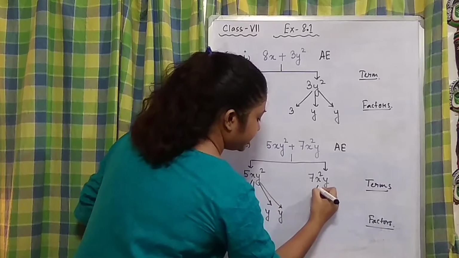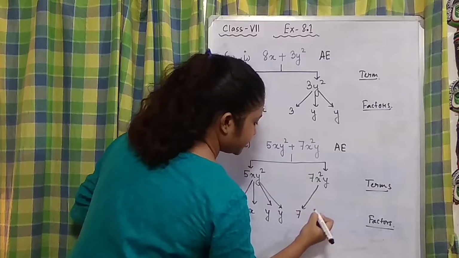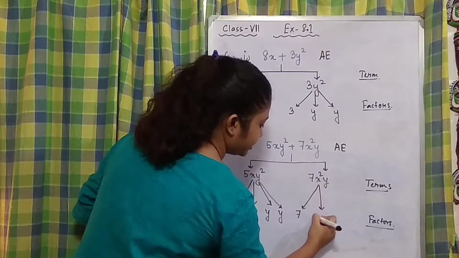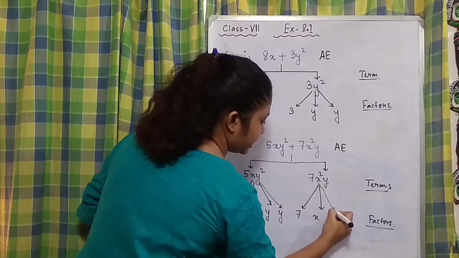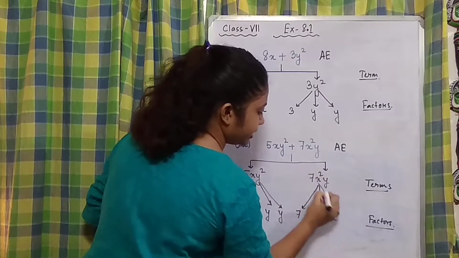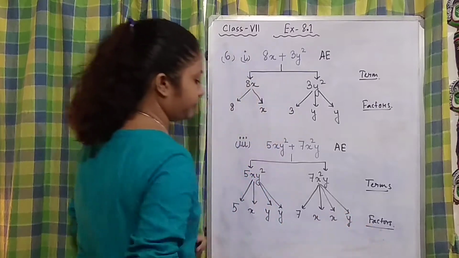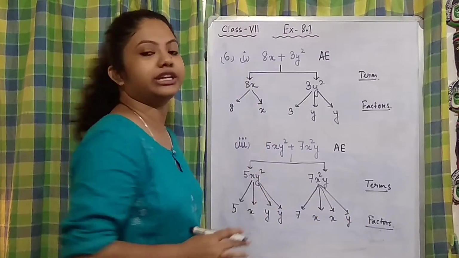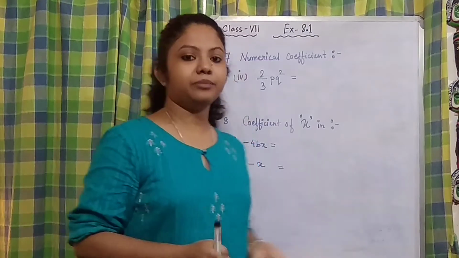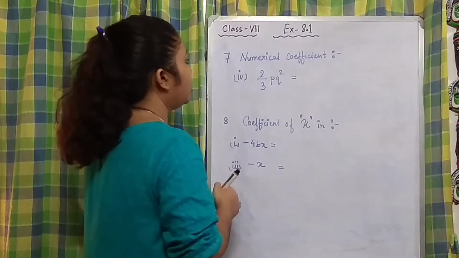Alright, similar thing here. First factor 7, second factor x, another x because there is x square, which means x into x, and the last one is y. So this is how we do the tree diagram.